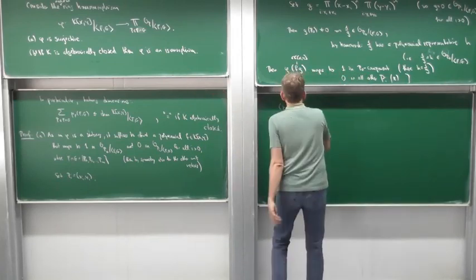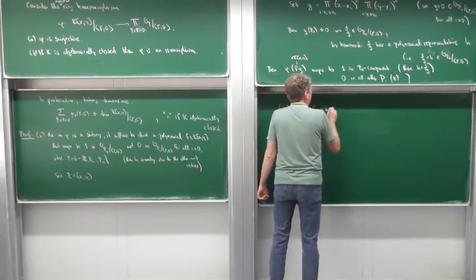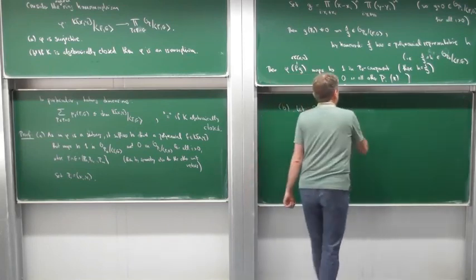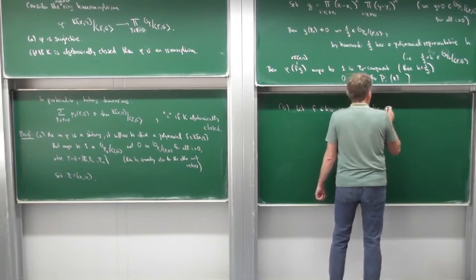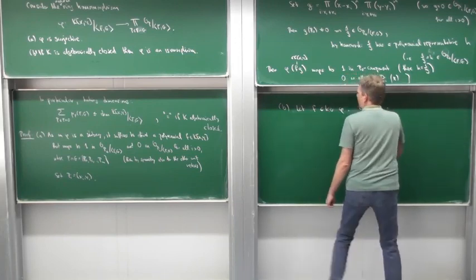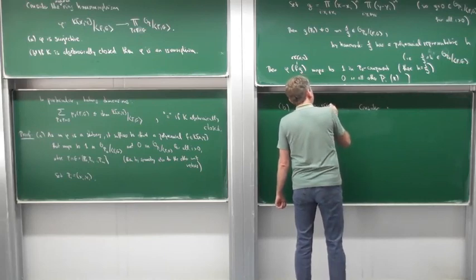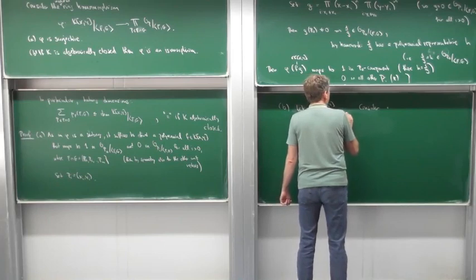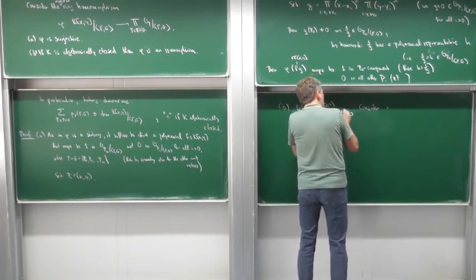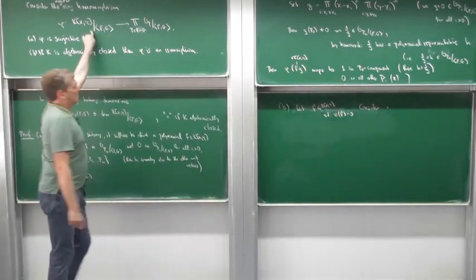I just have to start the other way around. Say we want to show it's injective, so let's take an f in the kernel. So let f be in the kernel of phi, and we have to show it is 0. And for that, now consider the ideal. So we have a given f in k[x], such that phi of f is 0. Or you might want to write phi of f bar is 0, because we start here with the quotient space.